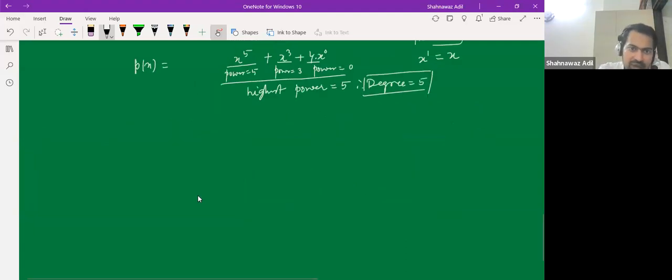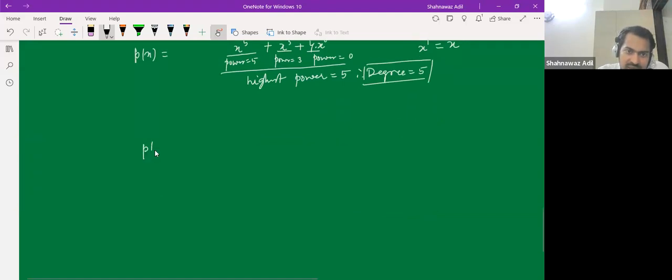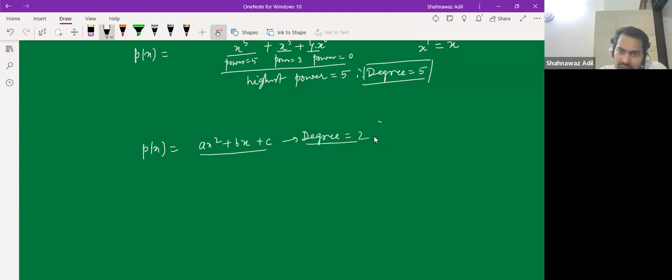If I write a polynomial like ax square plus bx plus c, what is the degree of this polynomial? Degree is 2. This has a special name, which is called a quadratic equation or quadratic polynomial.